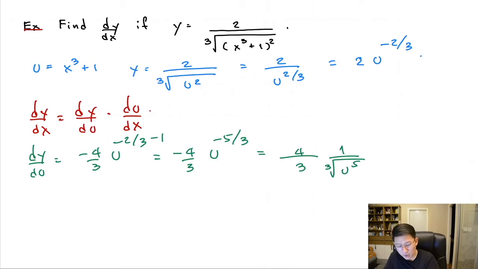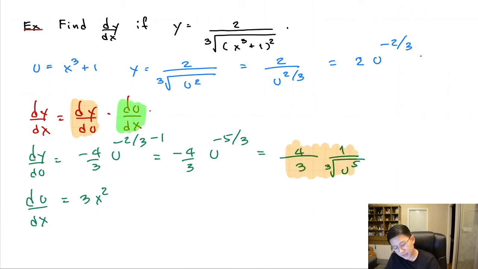How about du by dx? du by dx is just 3x squared, isn't it? So here dy by du is this guy, and du by dx is just this guy.